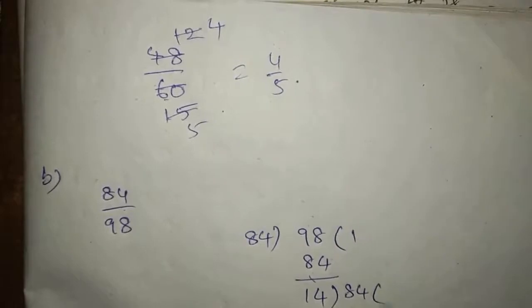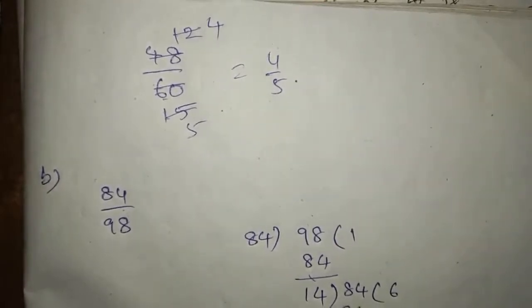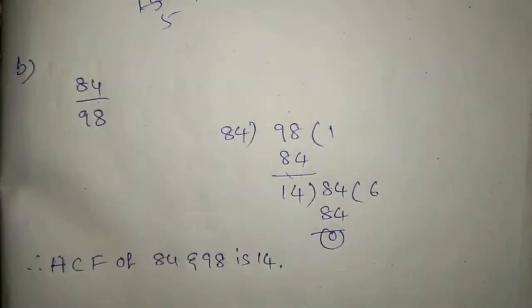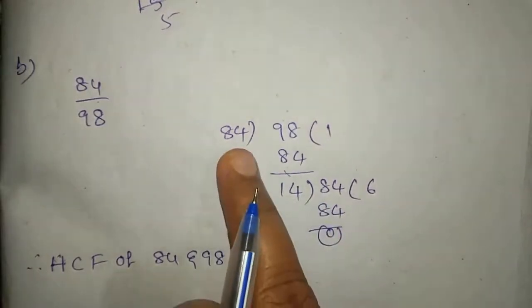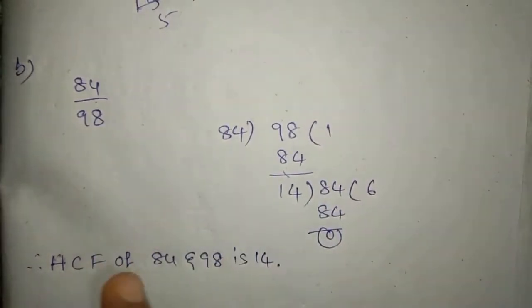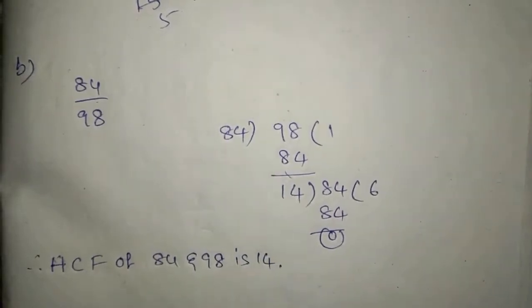Again take 84 and 14. 14 sixes are 84. Remainder is 0. So the last divisor is the HCF of the given fraction. That is, HCF of 84 and 98 is 14.